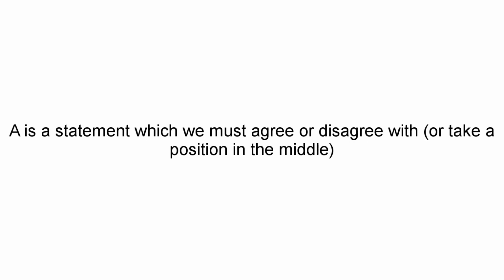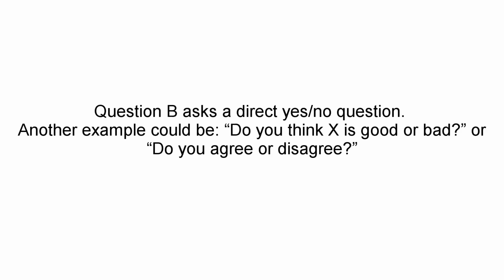A is a statement with which you must either agree or disagree, or you can take a middle position, what I later call balanced view. Whereas question B, task B, is a direct yes-no question. Do you think some topic is good or bad? Do you agree or disagree?